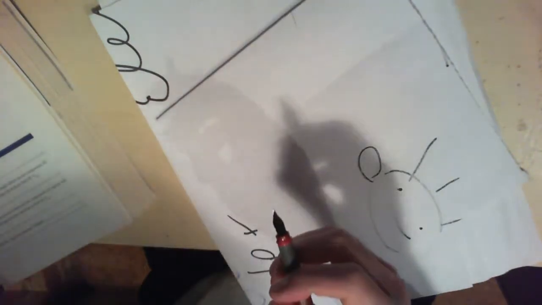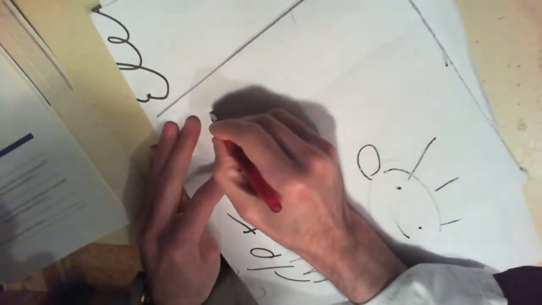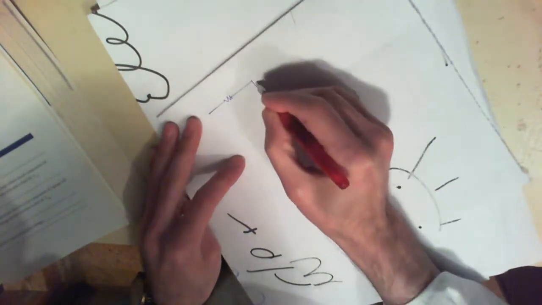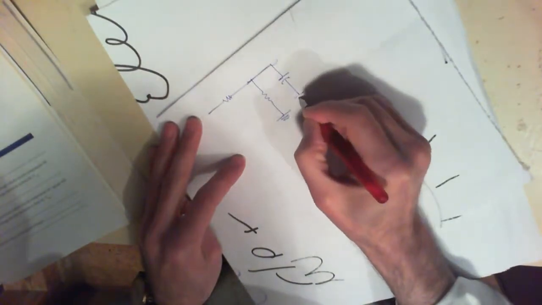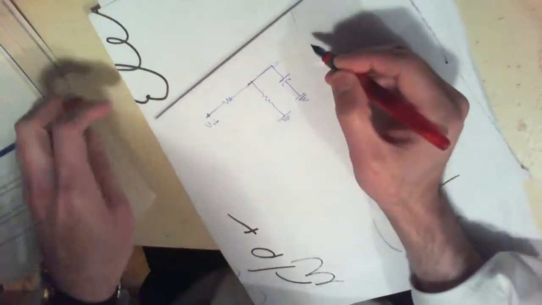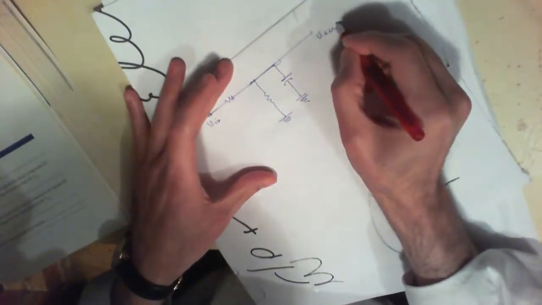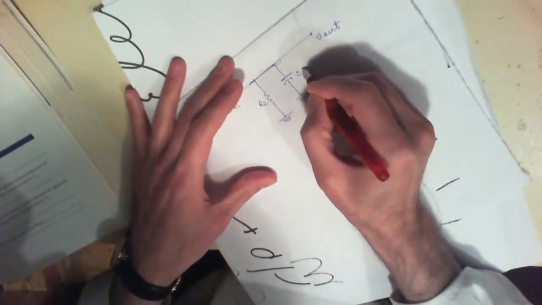The reason is that the circuit was something like this: a resistor over here, a resistor over here, and a capacitor. This was the input voltage, and this was the output voltage. So this was, for example, R1, R2, and C1.